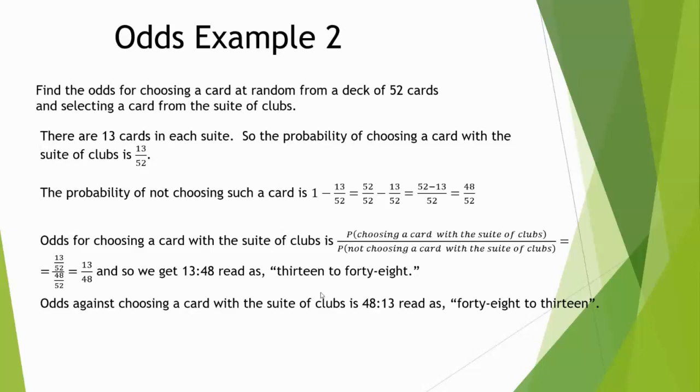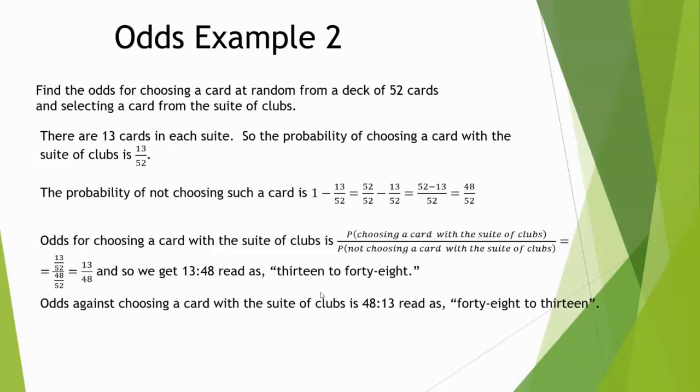If you want, you can think of it as probability, as I'm doing. The probability of selecting a card from the suit of clubs is 13 out of 52. And then we need the probability of not selecting such a card. It's the probability of the event over the probability of its complement.